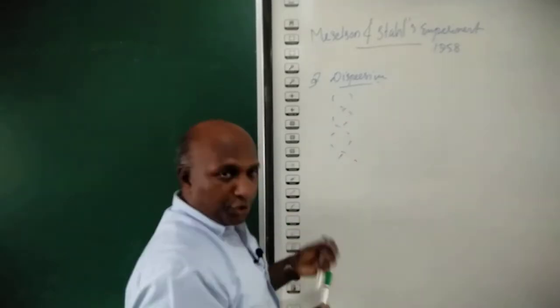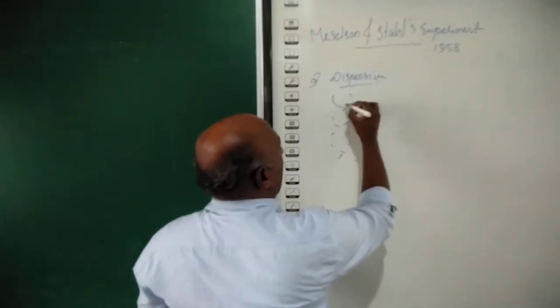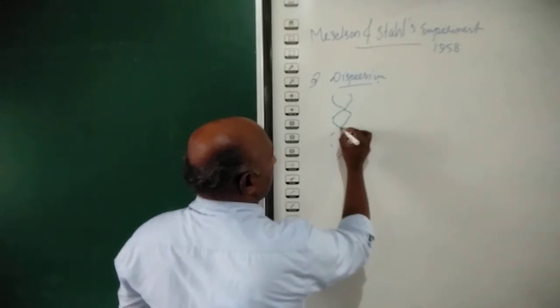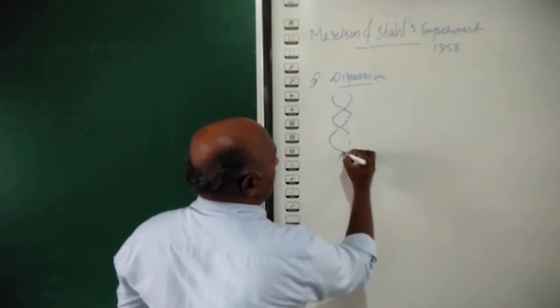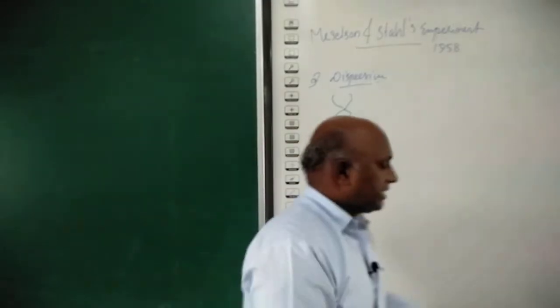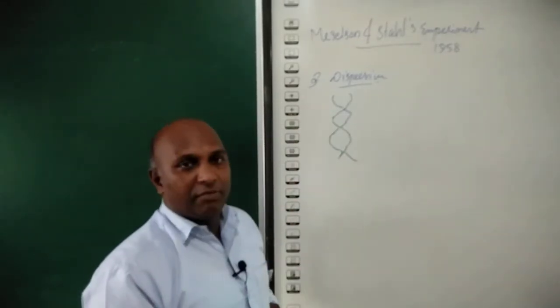In between two segments, a newly synthesized segment will come and join the gap. All the gaps between the segments have to be filled by newly synthesized DNA. That was the concept of the dispersive method.